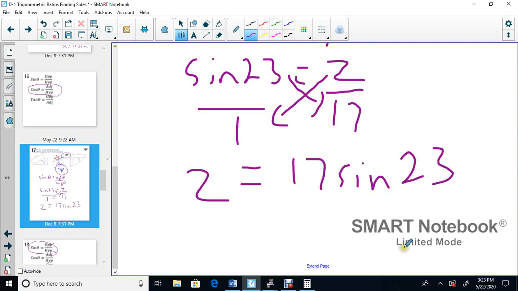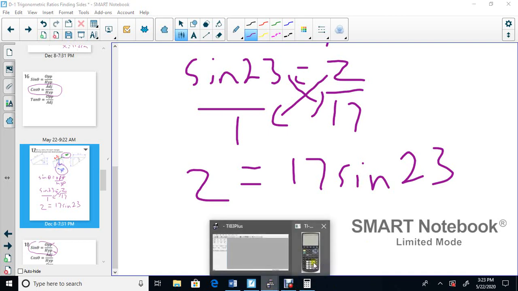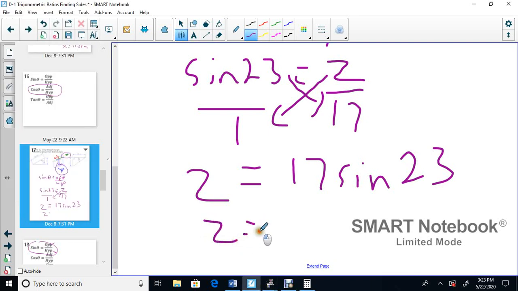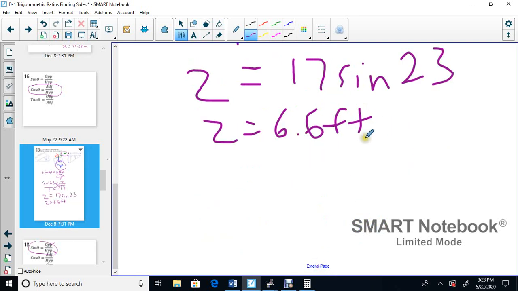And then I go to my calculator. 17 sine, so there's my sine button, 23. And I get 6.6. So I'll round it to one decimal. So Z is 6.6 feet. Okay, FT, so feet. Don't forget the units at the end.